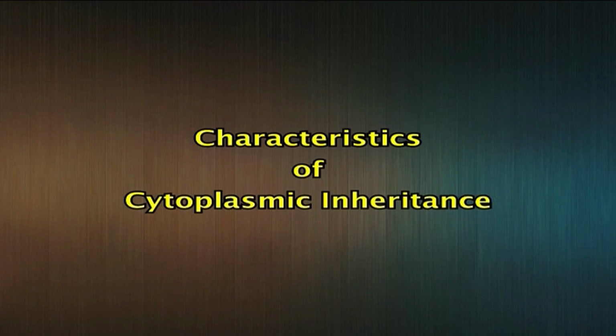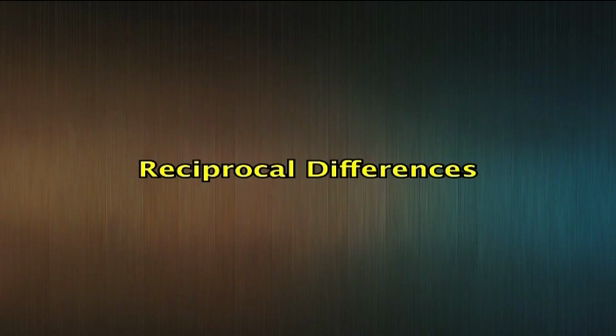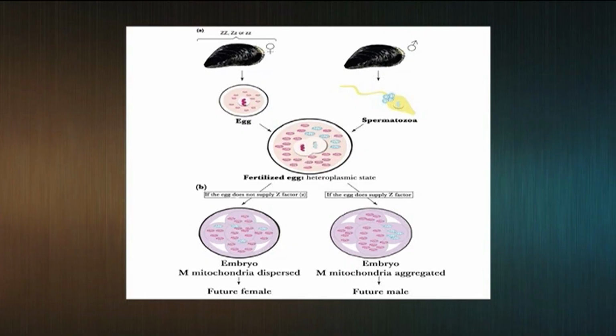Now, let us discuss the characteristics of cytoplasmic inheritance. Number first is the reciprocal differences. Reciprocal crosses show marked differences for the characters governed by plasma genes. In most cases, plasma genes from only one parent, generally the female parent, are transmitted, and this phenomenon is known as uniparental inheritance.